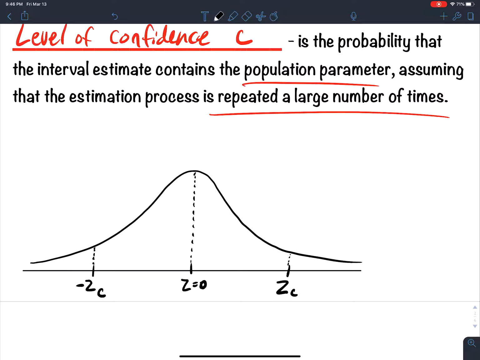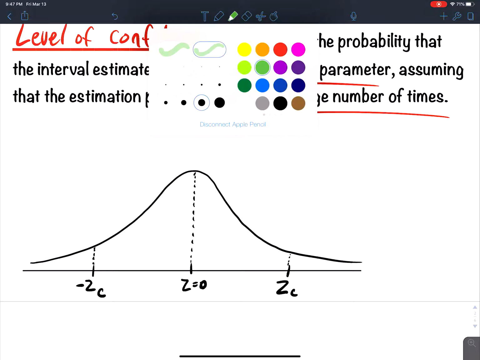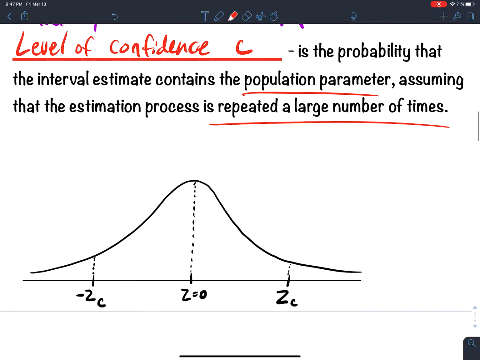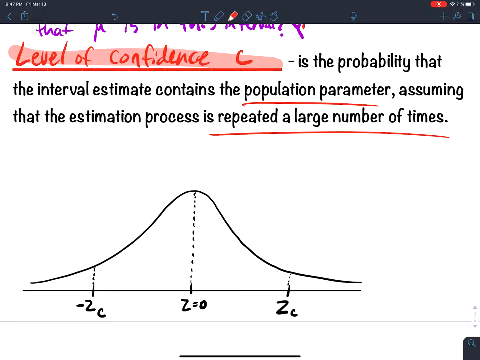Okay. So I had a definition. I did it in red up here, so I'll do it in red here. Everything between the critical values, zc positive and negative, I'm going to shade red. What does this represent?